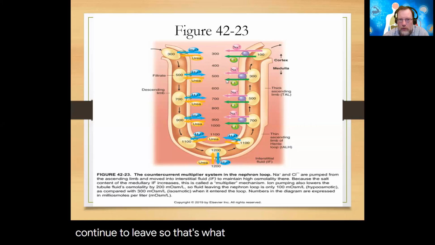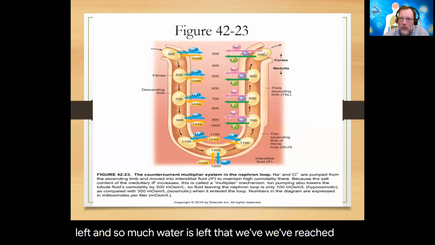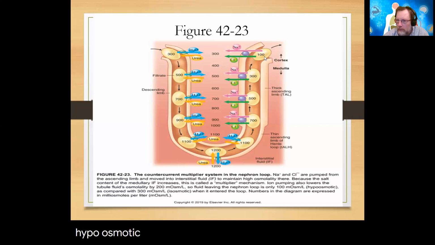So that's what it's showing here. And by the time we get over here, so much sodium and chloride has left, and so much water has left, that we've reached a hypoosmotic situation, meaning no more water is going to come in here.